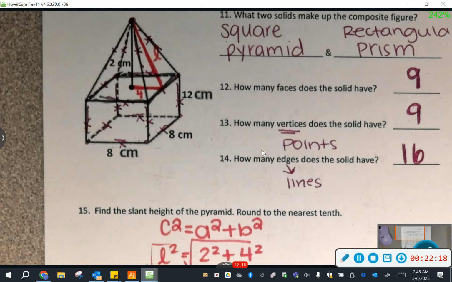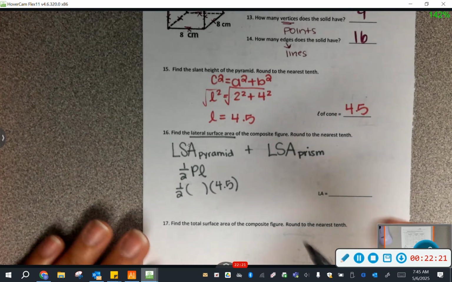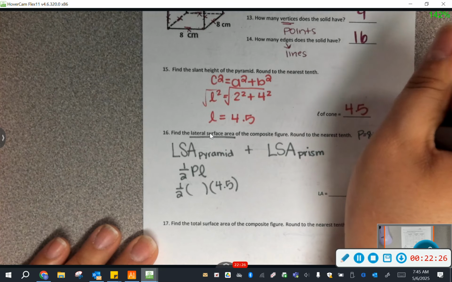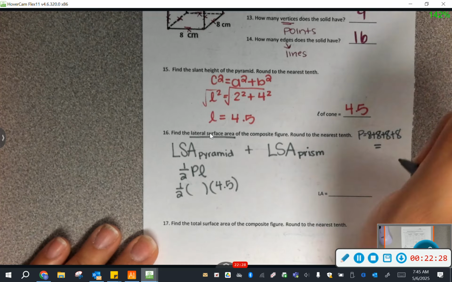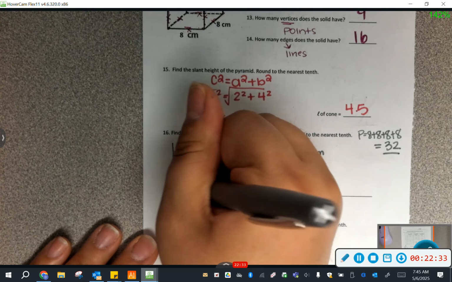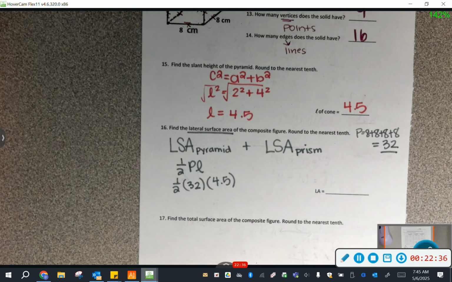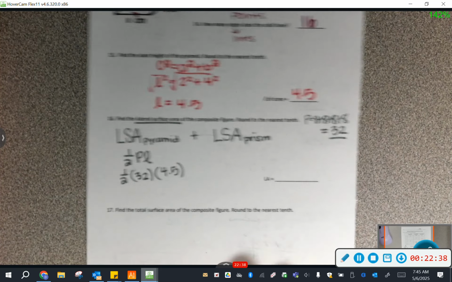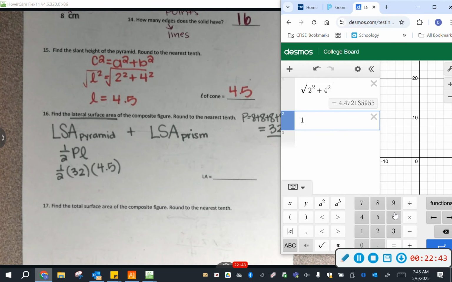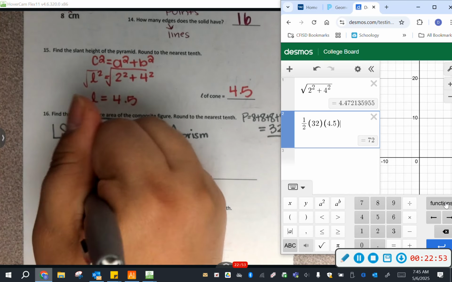Yeah, I'm just going to do 8 plus 8 plus 8 plus 8. So I'm going to write that over here just so y'all know. What is that? It is 32. And put that in your calculator, and what do you get? 1/2 times 32 times 4.5 is 72.